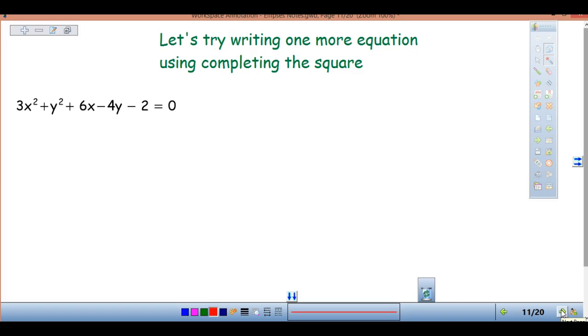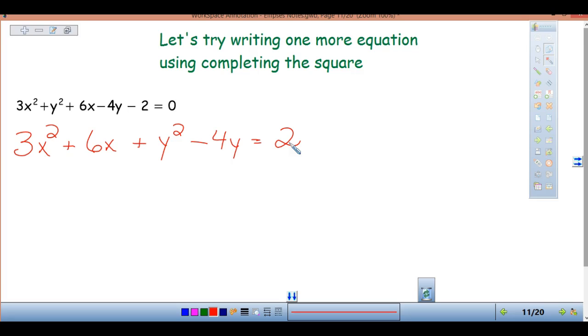All right, so again, first step is to get all the x's, all the y's together, move the constant over. So that's how it works. This one's a little nicer because for y squared, our coefficient is 1. So I don't have to factor anything out, which always makes it a little bit easier. But of course, there has to be something in front of that x squared then because it's not a circle.